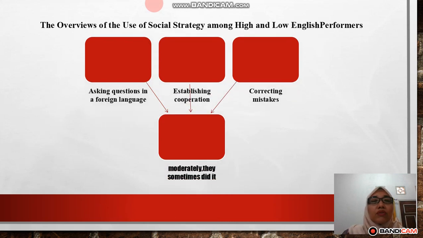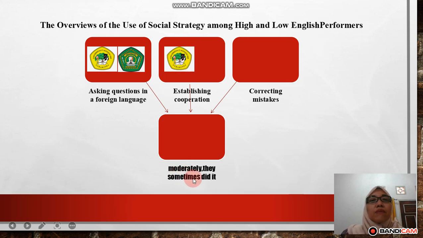There are 3 activities in social strategies with the same result from high and low English performers from Untag and Unmul. In the activity of asking questions in a foreign language, both groups of students are moderate. They sometimes did it.